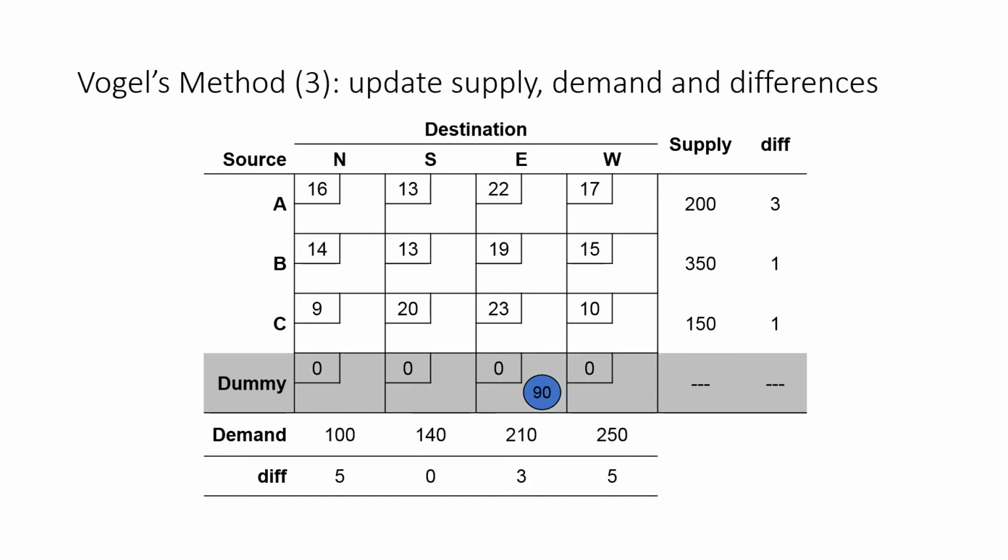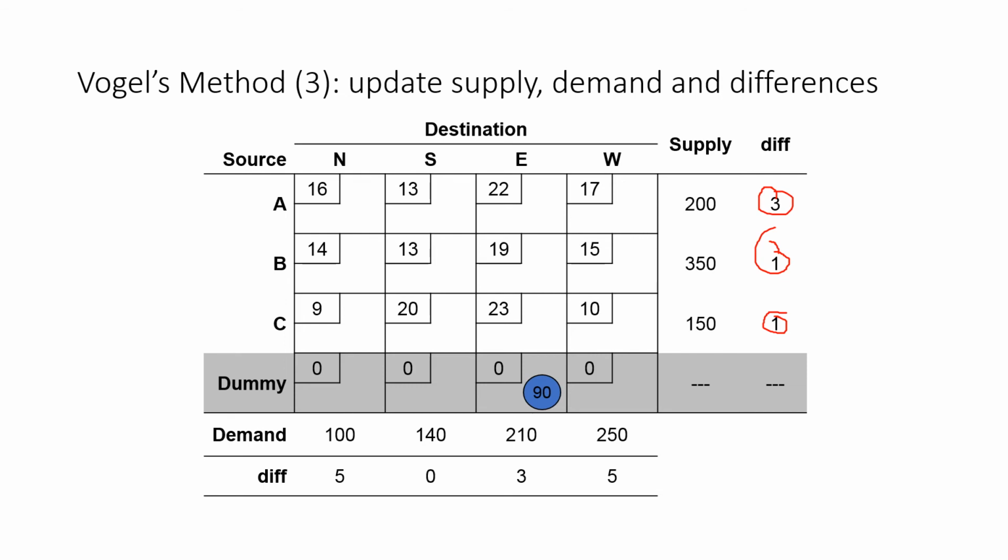So the new differences are, these remain the same because we just removed the fourth row. So 3, 1, and 0, 3, 1, and 1 remain the same as row differences. How about the column differences? Because we removed this dummy row, they will change. So the smallest two costs in the first column are 9 and 14.